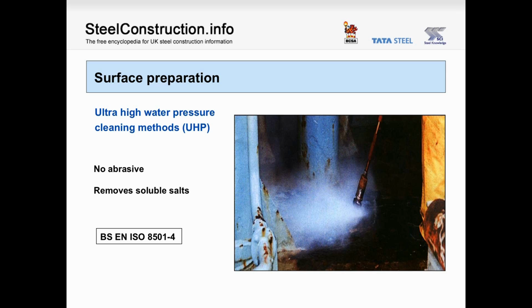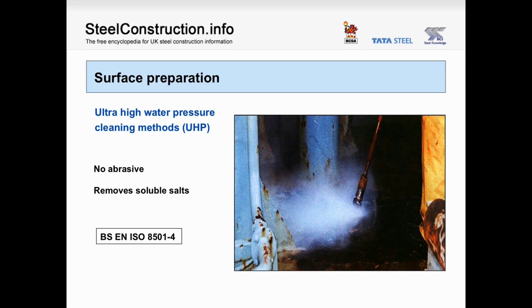Another method is ultra-high pressure water jetting, or UHP. Ultra-high pressure water jetting over 1700 bar is gaining popularity, partly because of its ability to remove a high percentage of soluble salts from the steel surface. Because no abrasive particles are used, UHP has the advantage of not having to remove and dispose of spent abrasives.